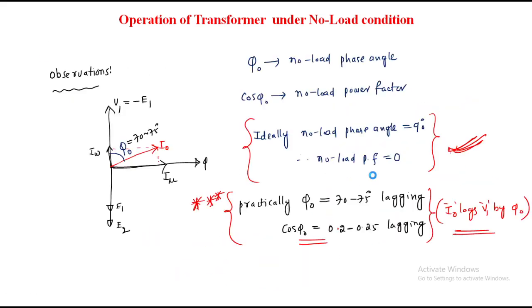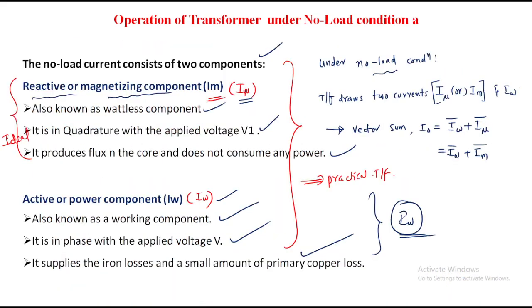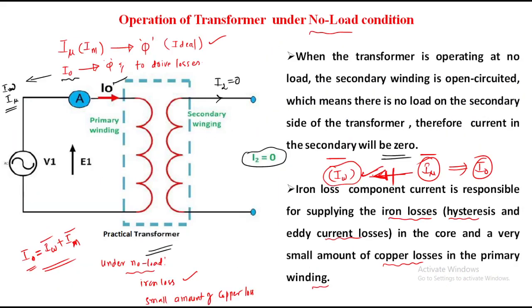Simple. The secondary is open circuited, obviously there is no secondary current. So in case of an ideal transformer, only one component of current is there, that is I mu, which is responsible for creating the flux. But in case of a practical transformer, in order to supply the losses, some additional current is required. That current is nothing but IW. So the summation of these two currents in vector form gives us I naught.